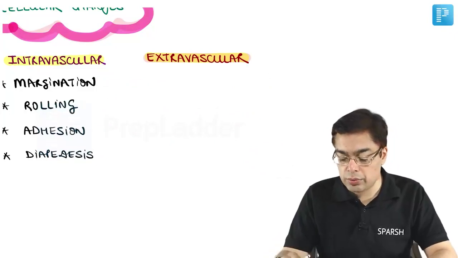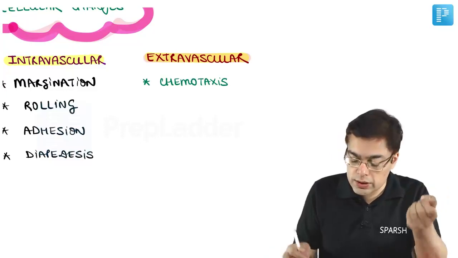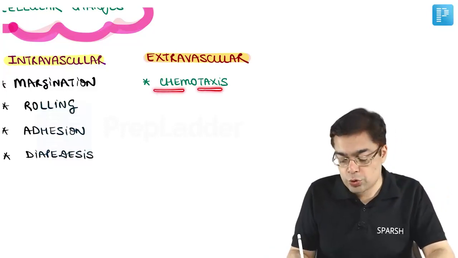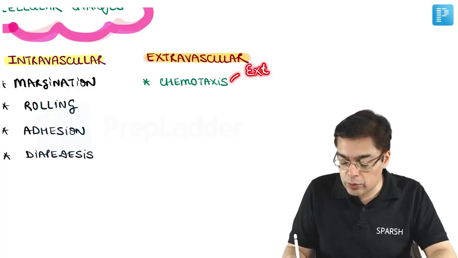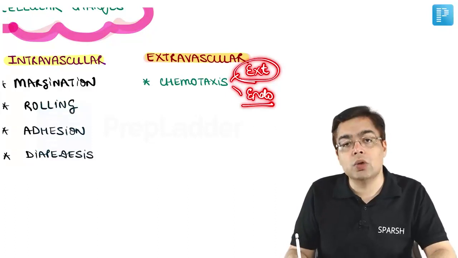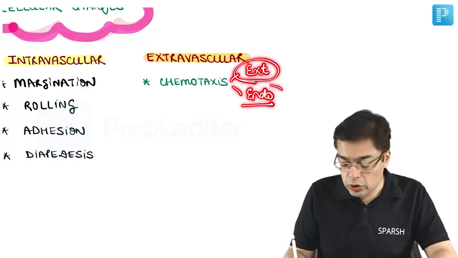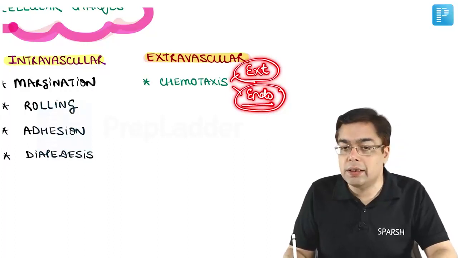Those chemicals are responsible for a unidirectional movement of the white blood cells. That's the process called chemotaxis. So single directional movement of the white blood cells. Chemotactic molecules can be external molecules, or they can be endogenous molecules. External molecules would include bacterial products. Endogenous molecules would include complement proteins, C5a, leukotriene LTB4, and molecules like interleukin 8.